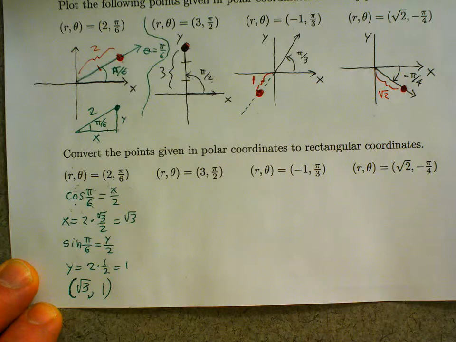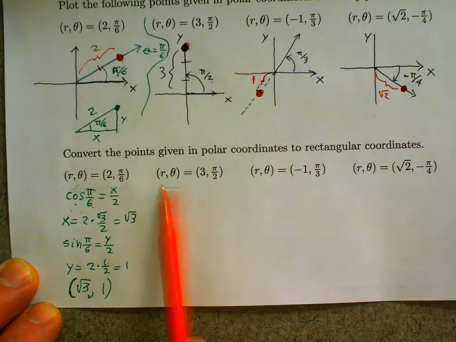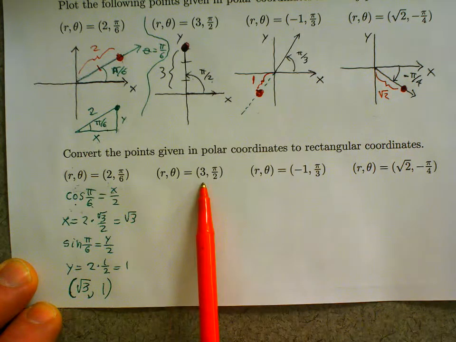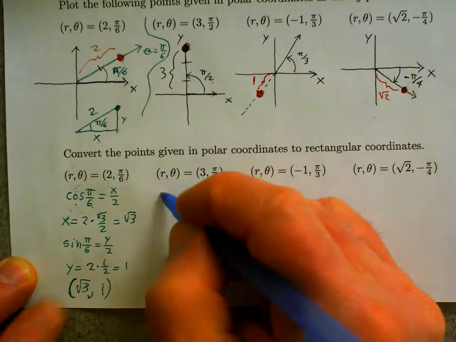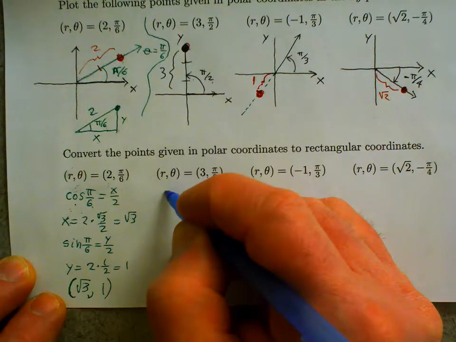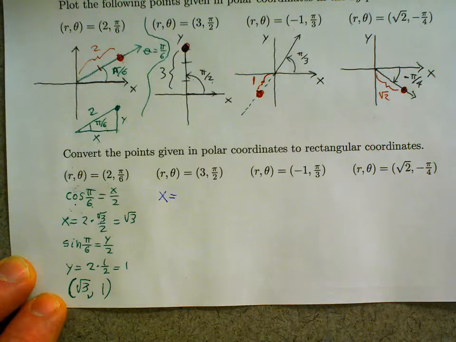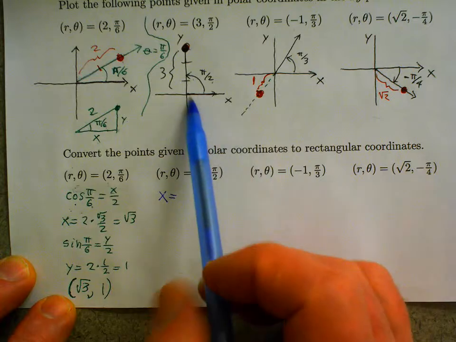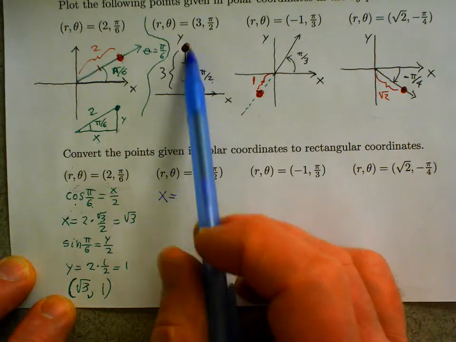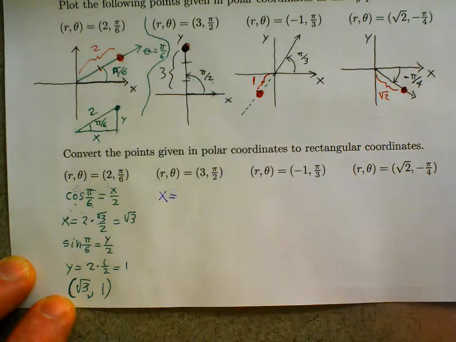Okay, for the next ordered pair, (r, theta) is (3, pi over 2). So what's the x-coordinate? Well, we don't really have a right triangle.